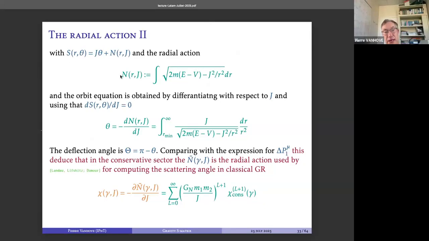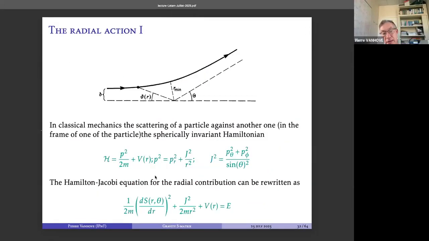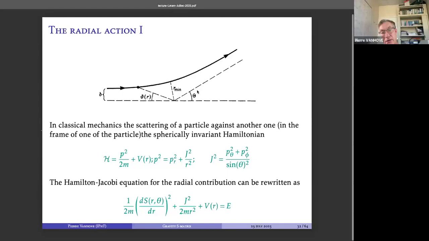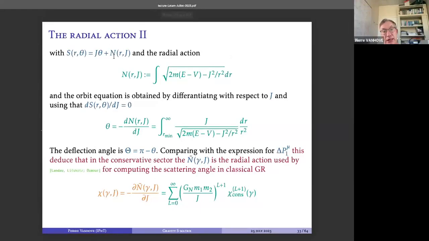The S that you get from the classical mechanics book is the way to rewrite the Hamilton-Jacobi equation in terms of this S quantity. S is related to J times theta, where theta is the scattering angle, plus a quantity I call N. N is obtained from the energy minus the potential minus the angular momentum part.